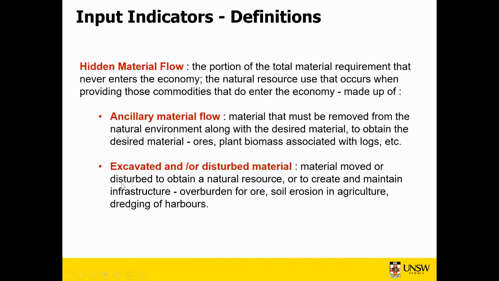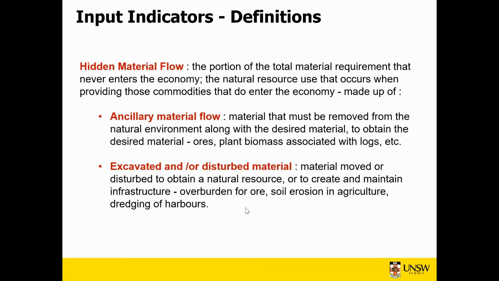Another thing is materials which are not even actually extracted from the environment, but they are disturbed in the environment. The main example that we see is what we call the overburden for mining, which is to go and extract the ores, the minerals containing your product of interest, be it iron, gold, silver.